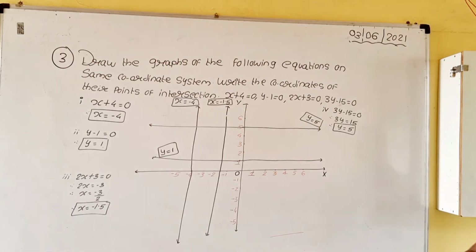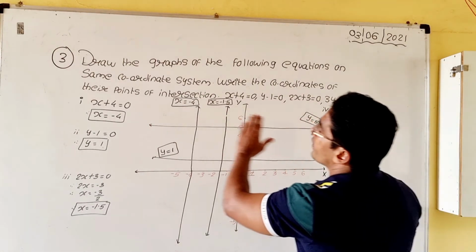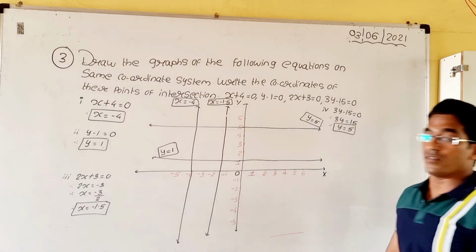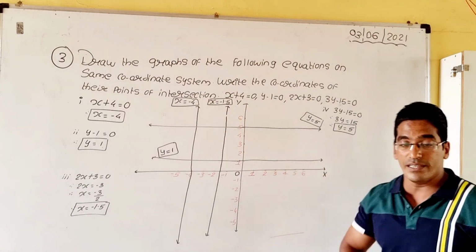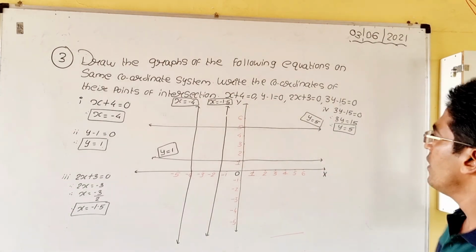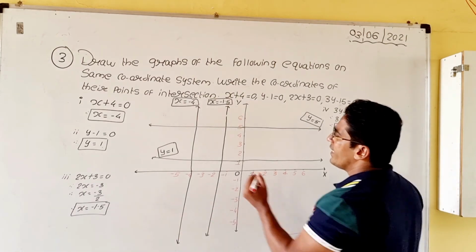Now what else have they asked us? Write the coordinates of their points of intersection. So first let's find the points of intersection. We can name them by any alphabets.